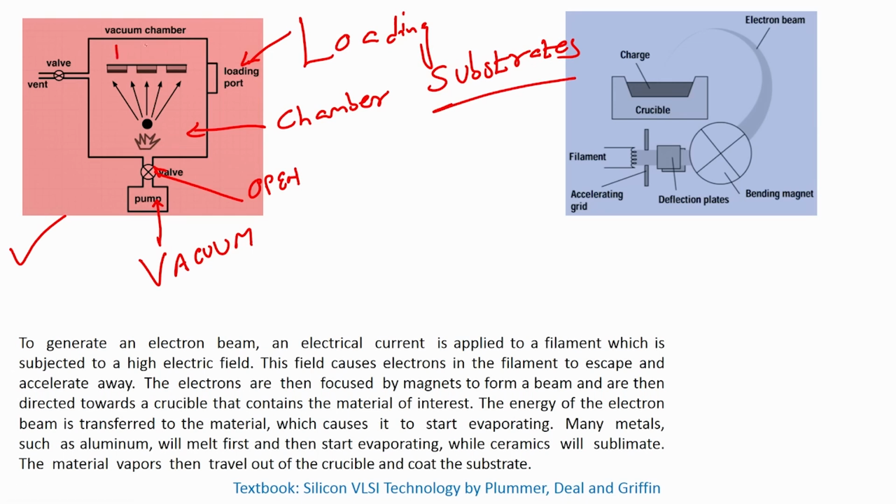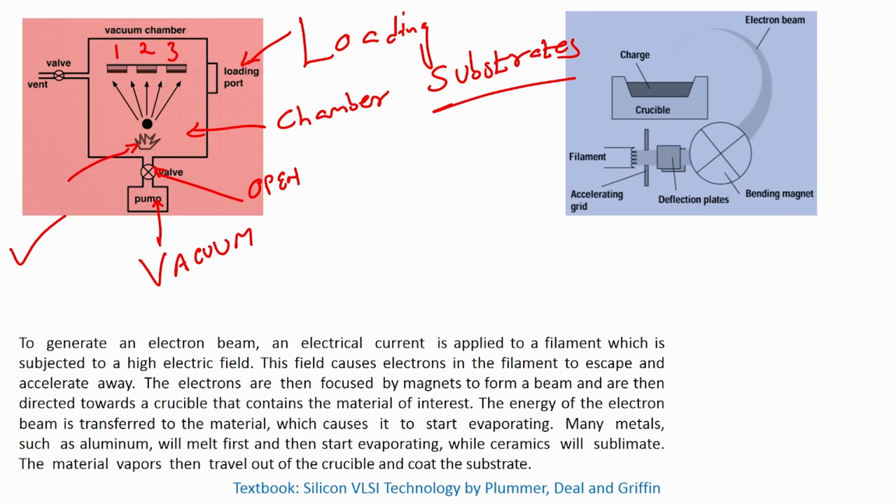These are substrates 1, 2 and 3, three substrates, and they are connected to the substrate holder. Now, what we see here is a boat. This is a representative diagram. There is a boat, which we heat to a high temperature, and that is why the metal is getting deposited onto these 3 substrates.